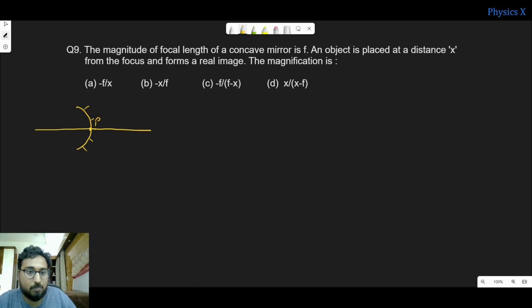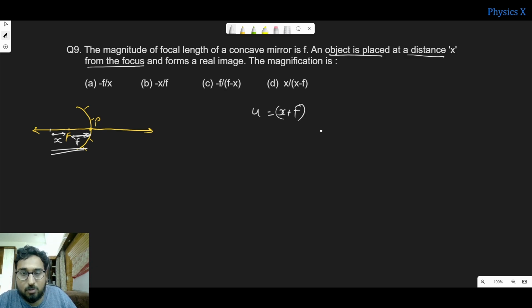If this is your principal axis, suppose this is your focus point, and this is your focal length, and the object is at a distance x from the focus. That means from this focus there is another distance x. So the object distance is x and f. So u is x plus f.